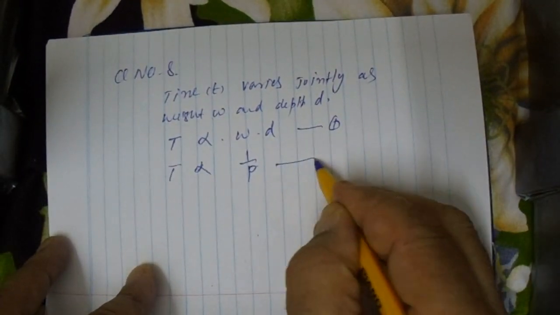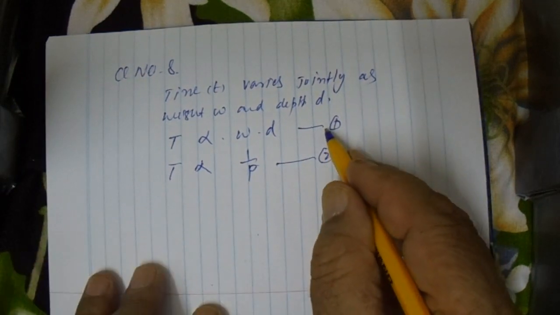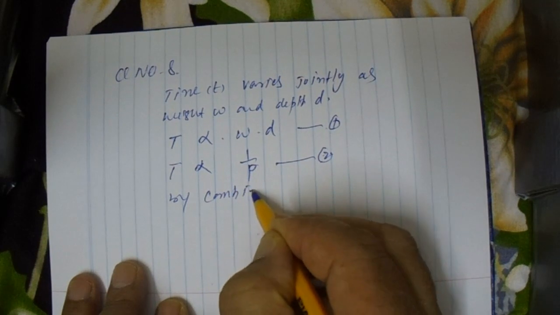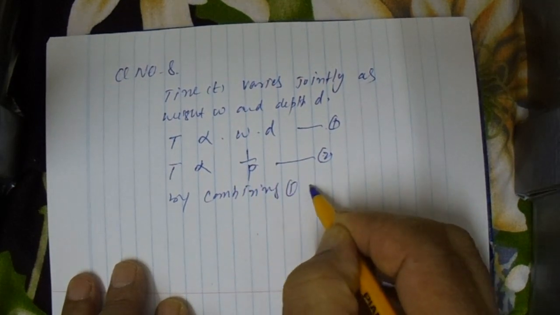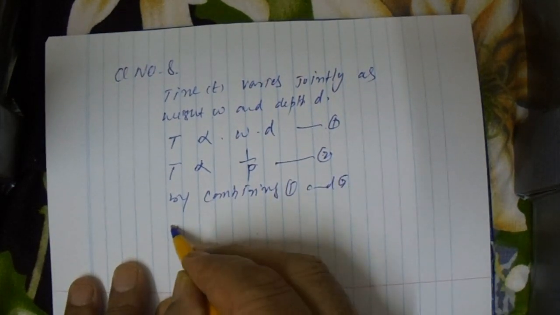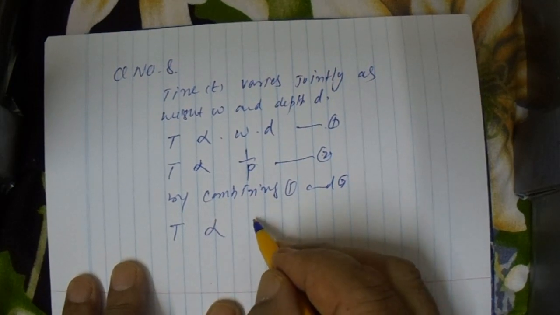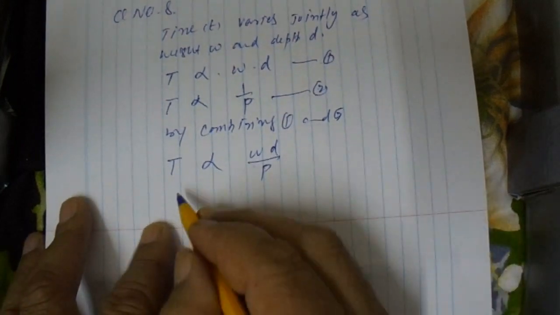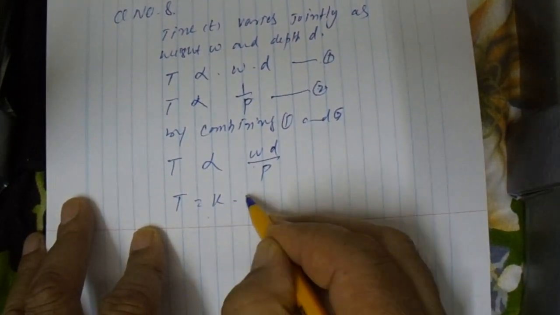This is our second result, and by combining 1 and 2 we write T varies as W D over P, and again T is equal to K W D over P.